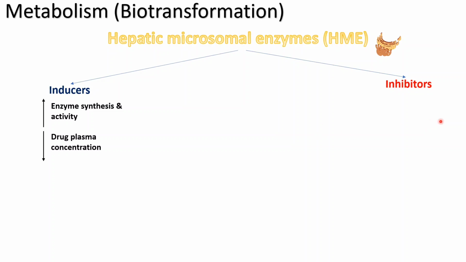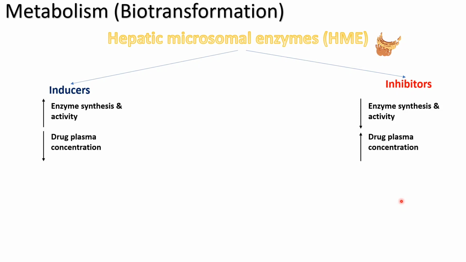And on the other side, the inhibitor would reduce the synthesis and activity of the enzyme, and this would decrease the breakdown of the drugs metabolized by this enzyme, increasing its concentration in plasma.